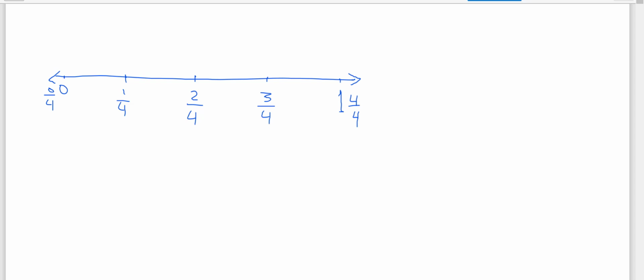When we count by fractions up to 1 whole, we start from 0. Count 0 fourths, 1 fourth, 2 fourths, 3 fourths, 4 fourths.